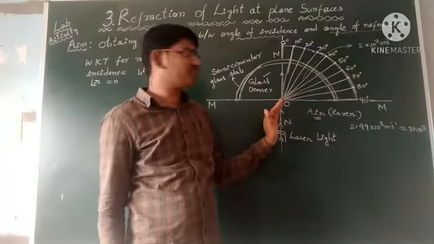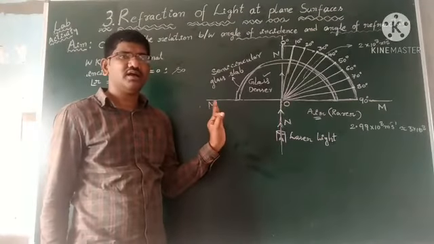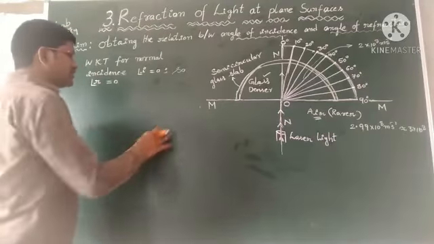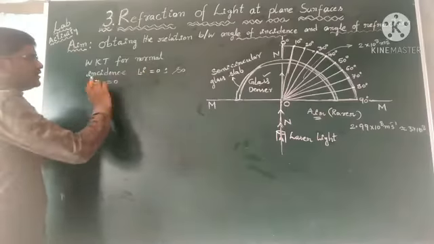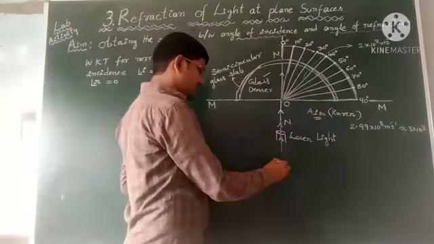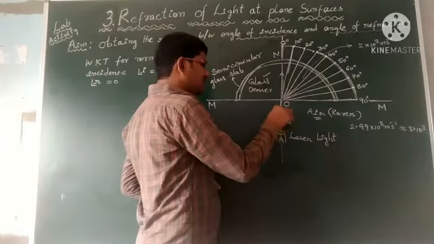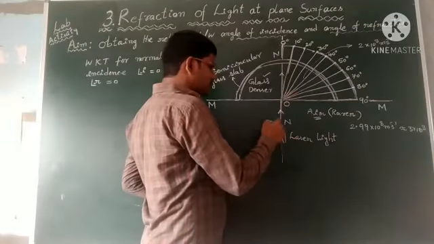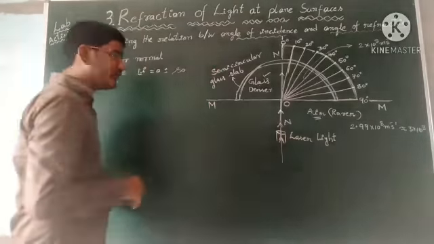Speed decreases, but no refraction will take place, because for normal incidence, the light ray coincides with NN, so its angle of incidence becomes 0.